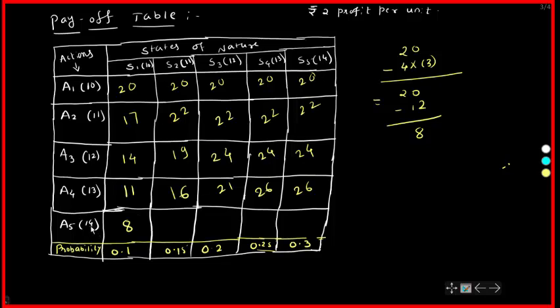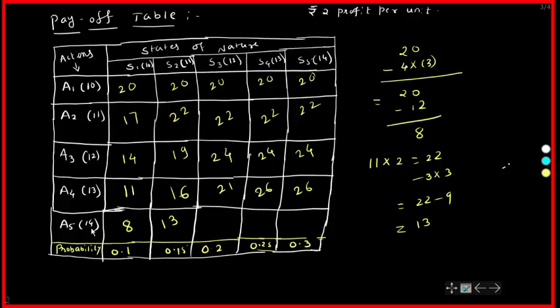He purchased 14 newspapers. Demand is only 11, so he sold 11 newspapers. The profit is 11 into 2, which is 22. But there are 3 papers left, so he has to bear the cost of 3 papers, that is minus 3 into 3. So this is equal to 22 minus 9, which is 13.